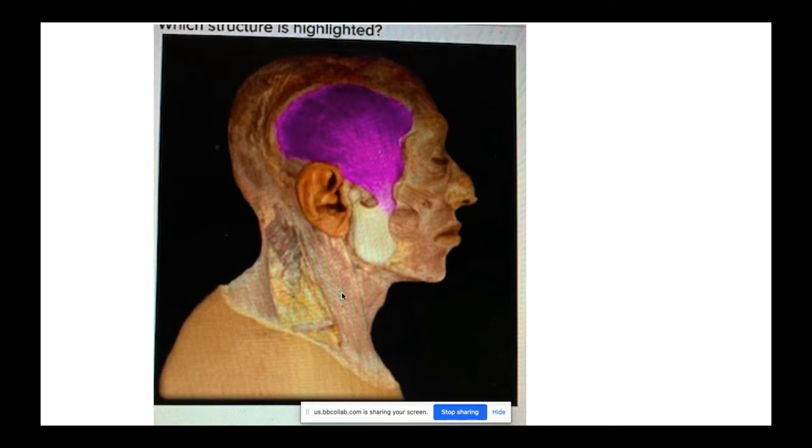L for location, muscles are named by their location. How about a muscle like tibialis anterior, tibialis posterior, right? Both of those tell you a lot about their location. Tibialis anterior, it's got to be in front of the tibial bone. Tibialis posterior, behind the tibial bone.